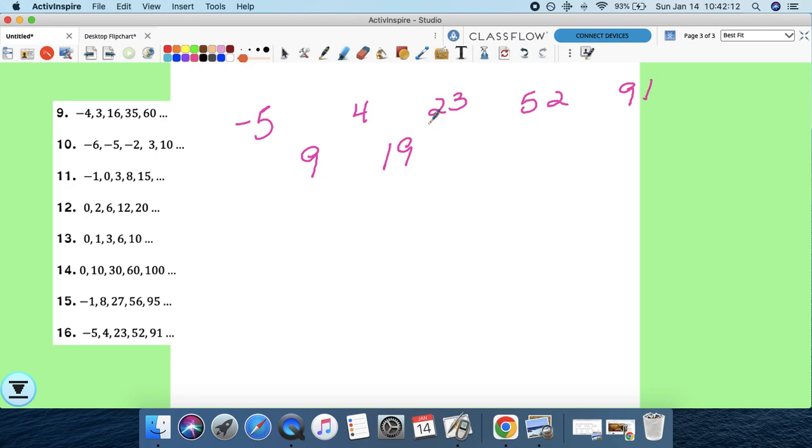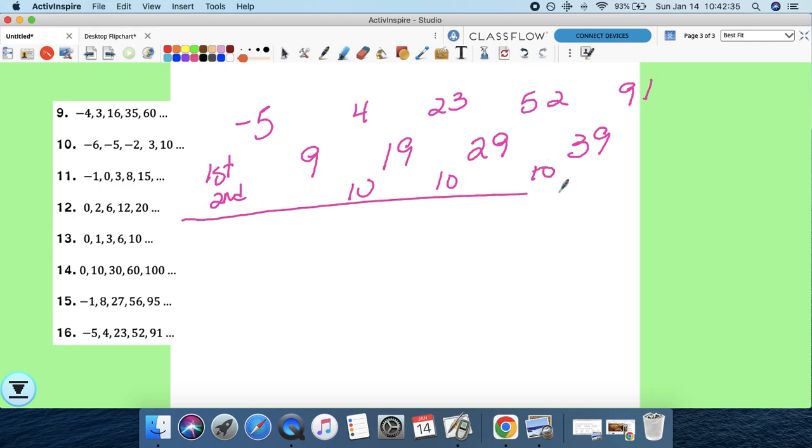And then from 52 to 23 is 29. And then 91 to 52 is 39. But, sorry, first take the second difference. 19 minus 9 is 10, 29 minus 19 is 10, 39 minus 29 is 10. Okay, I don't know why I did that line.